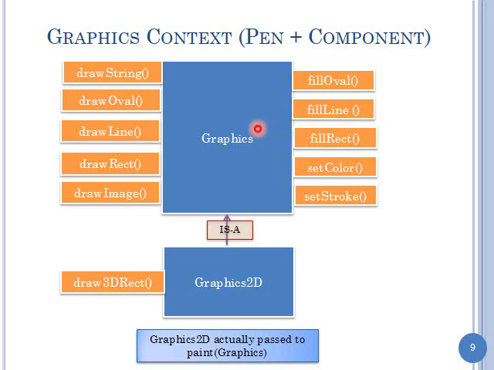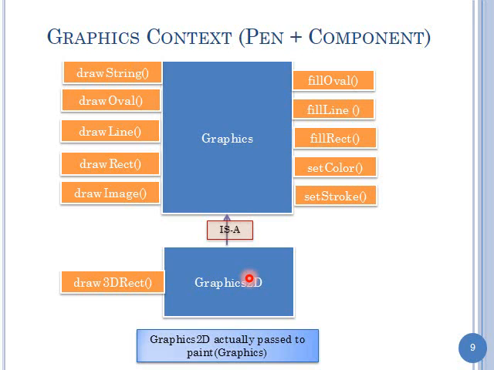And Java couldn't make up its mind what the graphics object should really be. So it first had a graphics object. And actually, I'm not sure the set stroke is here. And then it created something called a graphics 2D object. And for compatibility reasons, it sort of had to use graphics 2D.